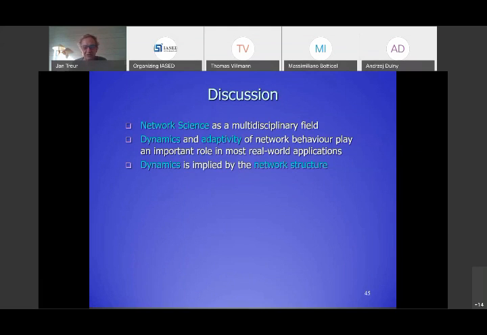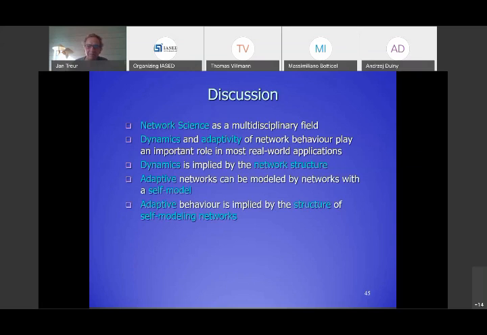But notice that after you add self-models to your network, in the extended network, the dynamics of the extended network still is implied by that network structure. So the idea stays the same. Then the adaptive behavior is implied by the structure of the self-modeling networks.